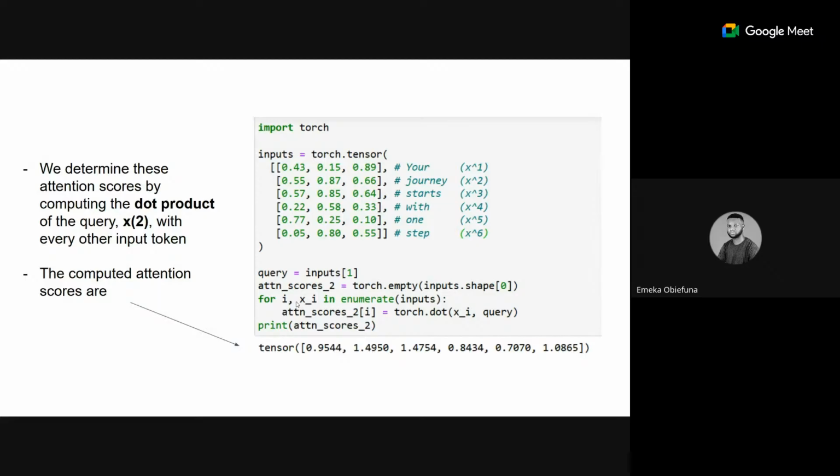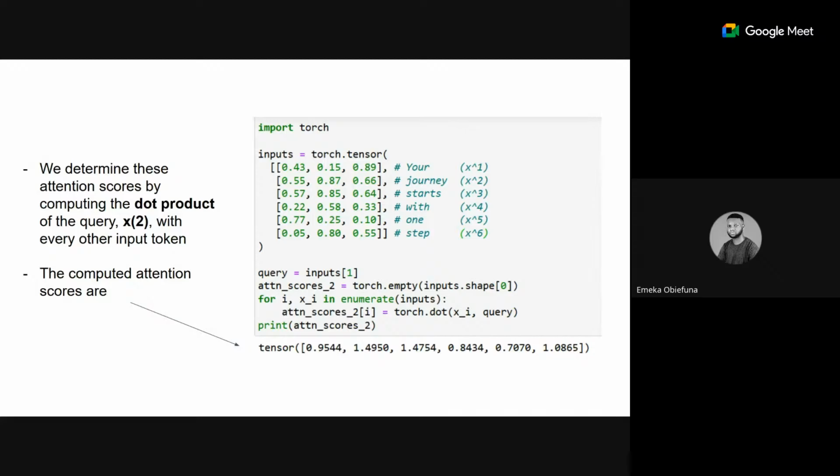Remember that since the guy that we are interested in, our embedded query token, is the second guy, here I'm indexing this tensor so I can pick the second guy that we have here. When you index your inputs with 1, it points back to Johnny. So we want to be able to compute the attention score, and for us to do this, we simply have to do dot product.